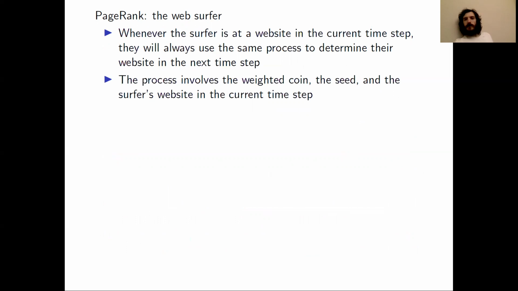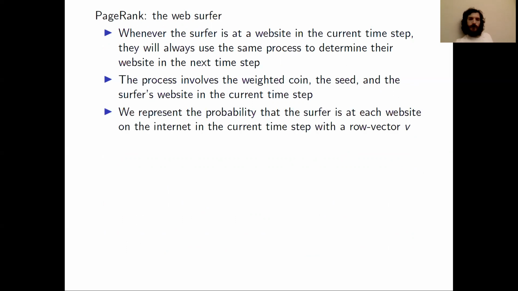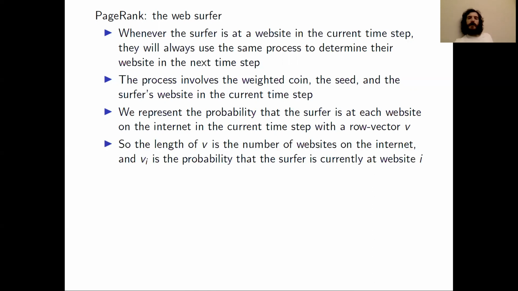The process will involve the coin, the seed, and W. So we're going to use this row vector v, which was the input to f, and that v is going to have the probability that the surfer is at each website in the current time step. So the length of v is going to be the number of websites on our internet, and the ith entry of v is going to be the probability that the surfer is at website i in the current time step.